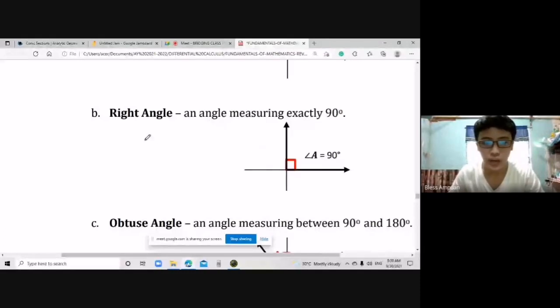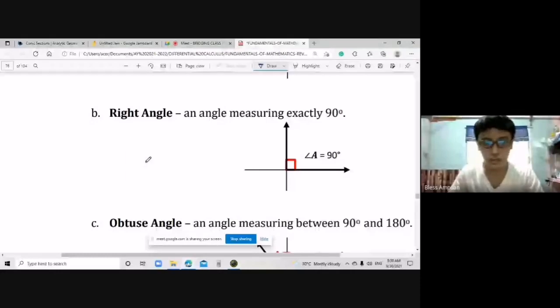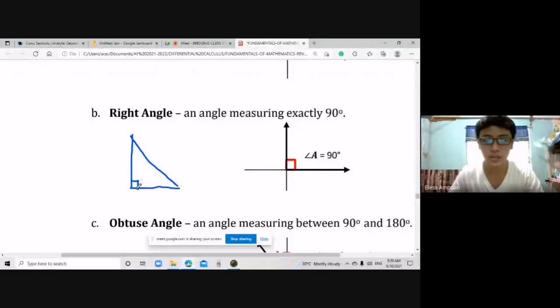So if you have a triangle with this kind of sign, we can automatically say that this is a right triangle, because a right triangle has a right angle.